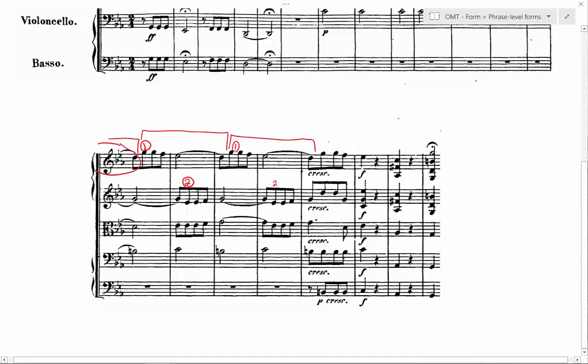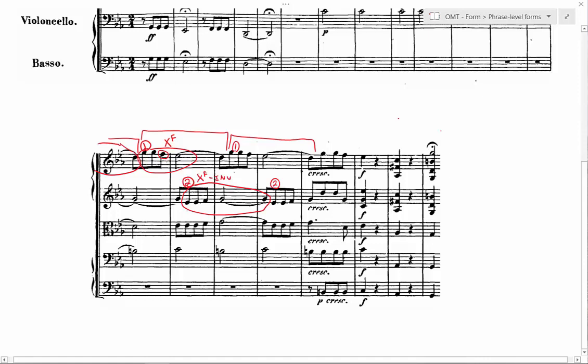This first statement is actually related to motive X, right? Motive X is G down to E flat, and here we have this F that fills in the space between G and E flat. So I'm going to call this one XF for X filled in. And then the second statement right here just reverses the direction of XF.